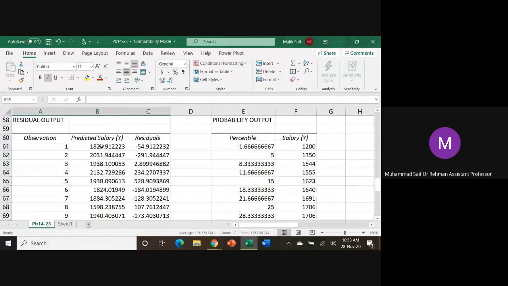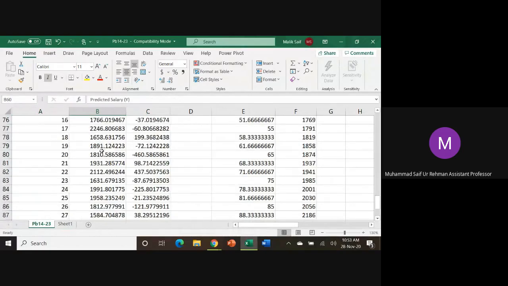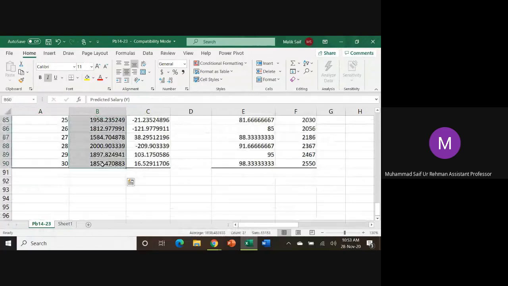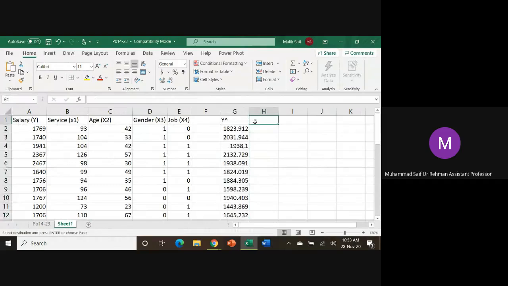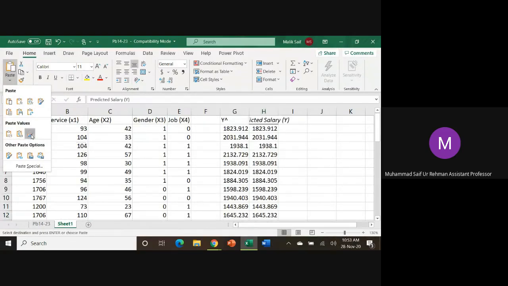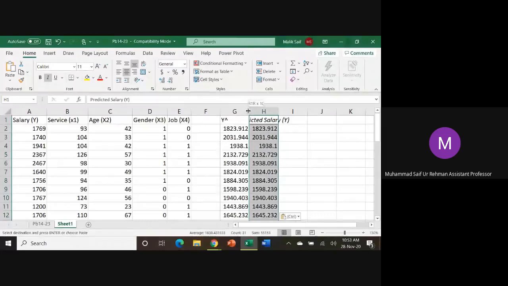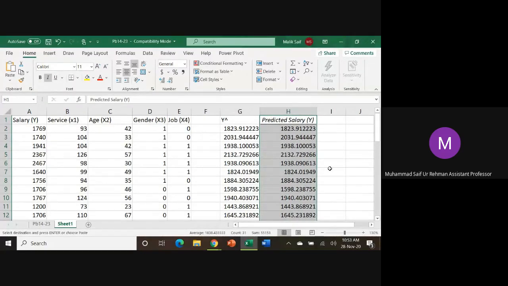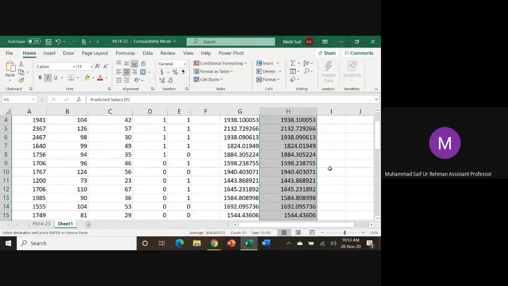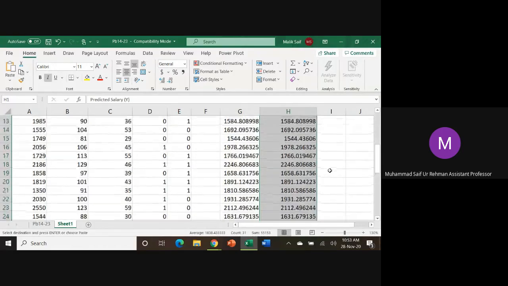So for comparison, I'm going to copy these values from here and paste them over here. Now you can see the values. Are they the same? Yes, sir.